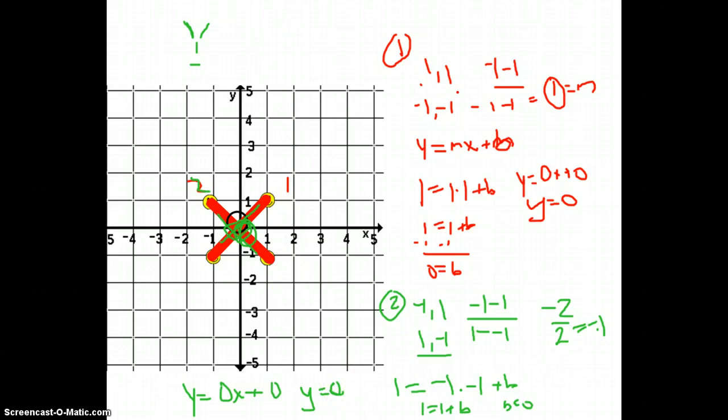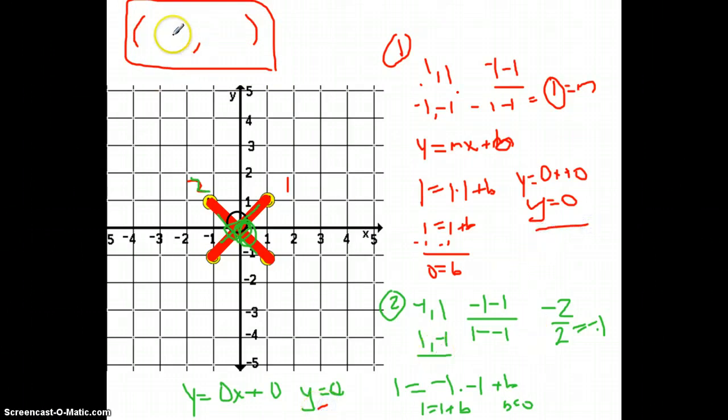Okay, so now we're looking for the solution, correct? This is going to be our final answer right here. Let's make nice parentheses and a comma. We have y equals 0 because we solved that for these two, so we have the x coordinate here and the y coordinate here. How do you find the x coordinate?